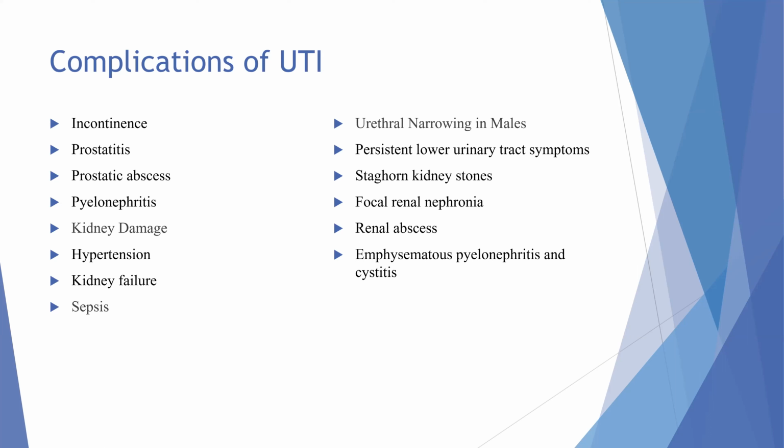Staghorn kidney stones, this one, I wish I had put a picture on here. They're very, very interesting. They can develop with a severe UTI or chronic UTIs. Those types of kidney stones are not the kind that will pass through the ureter. I'm sure you're familiar with passing a kidney stone. It's very painful, right?